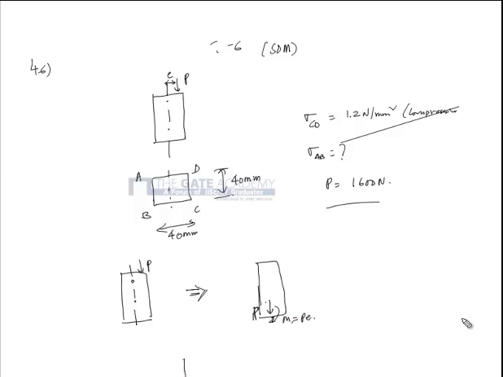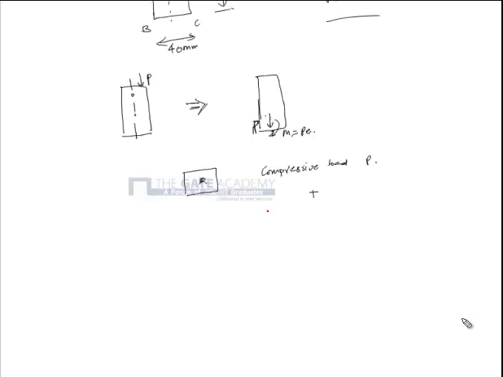So on the cross section you have the compressive load P, plus you have the bending moment M, which is along this axis.